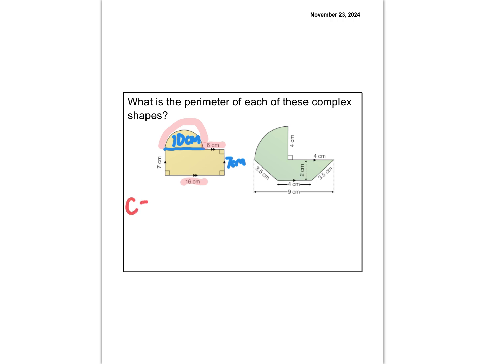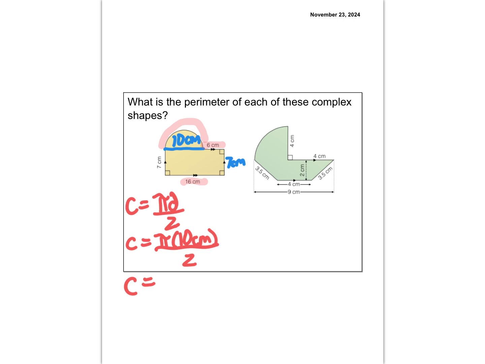Circumference equals pi d, but it's a semicircle, so we're going to divide by 2. Circumference equals pi times diameter. Diameter is 10 centimeters, and we're going to divide by 2.